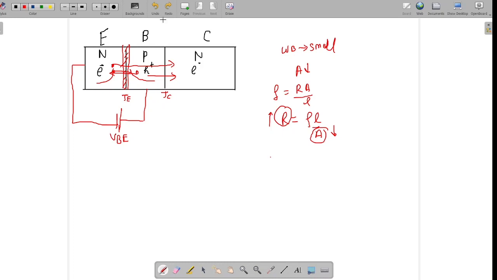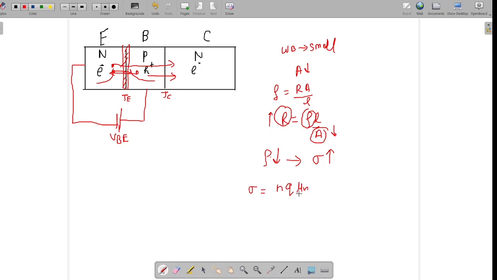One way to get rid of this is to focus on the resistivity and reduce it. How do we reduce it? If resistivity is reduced, it means we are increasing the conductivity, and for n type the conductivity is n q mu n, where q is the charge of the electron.